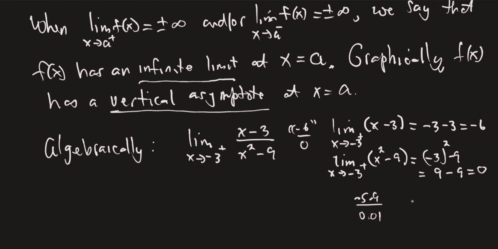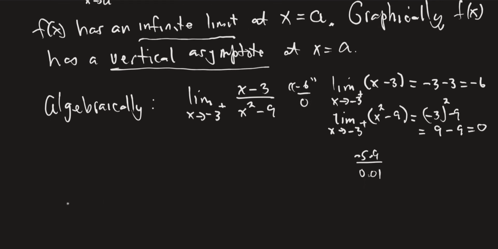You'll see those y values get either very, very large in a positive way or very, very large in a negative way. So algebraically, what's going to clue you into the fact that this is an infinite limit is where you have a non-zero number in the numerator and a 0 in the denominator, right?